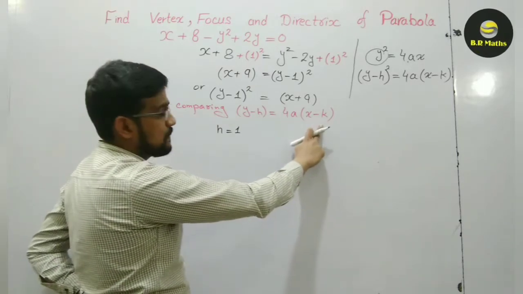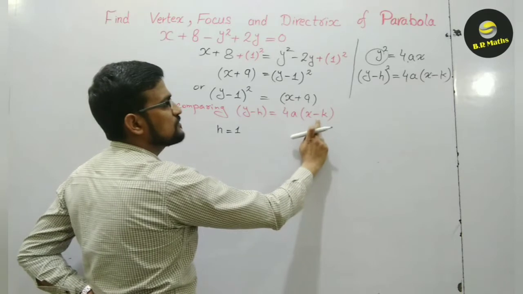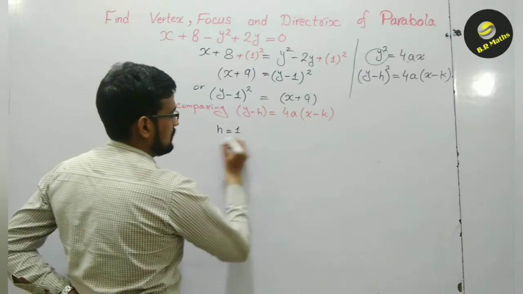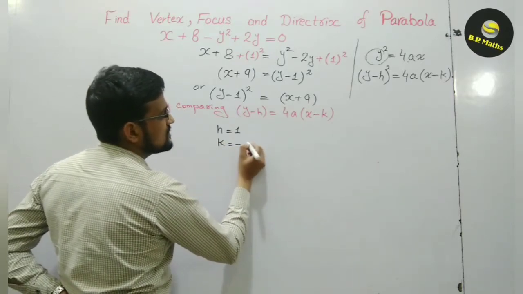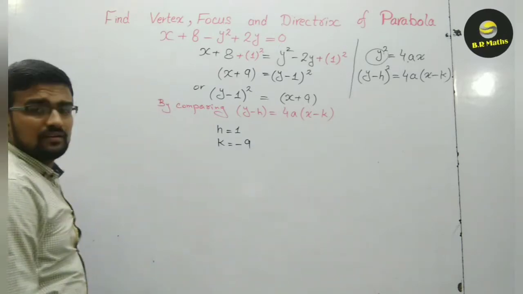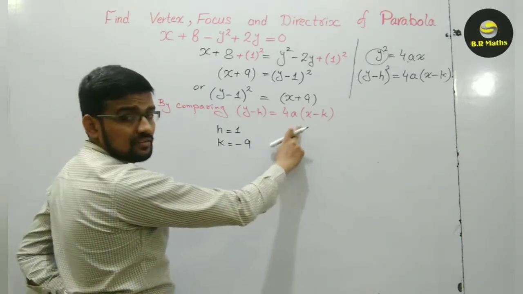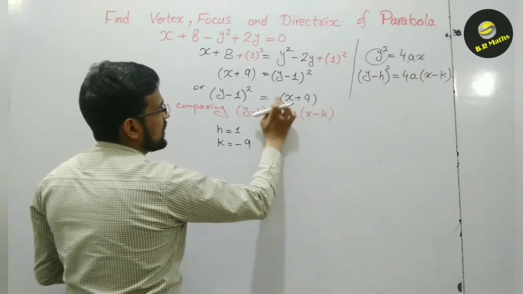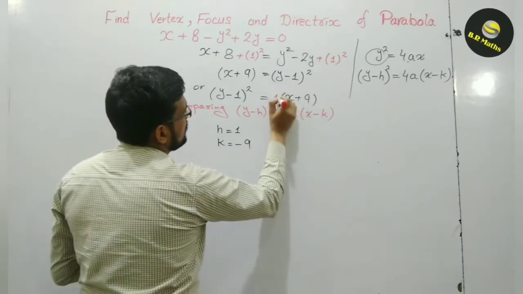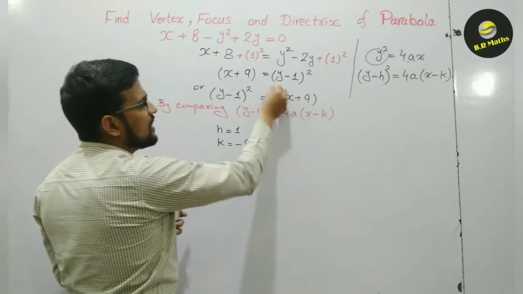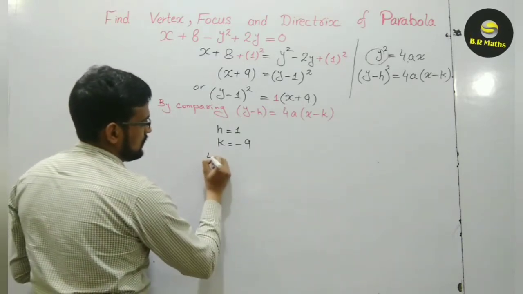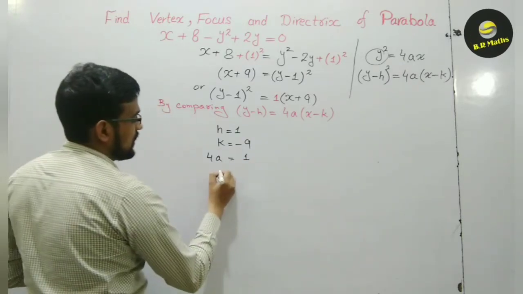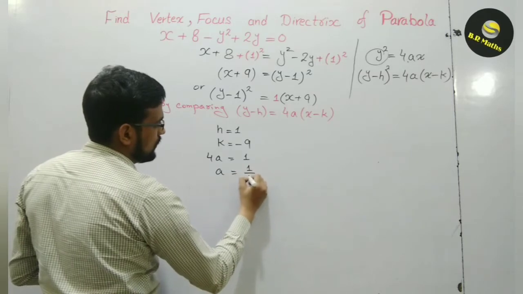And for k, x + 9 and x - k, it means k is -9. And what is a? See students, x - k is x + 9, and here on the other side is only a 1. It means 4a is equal to 1, and according to this, a is equal to 1/4.